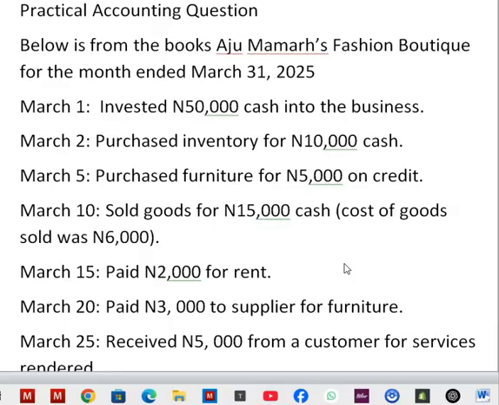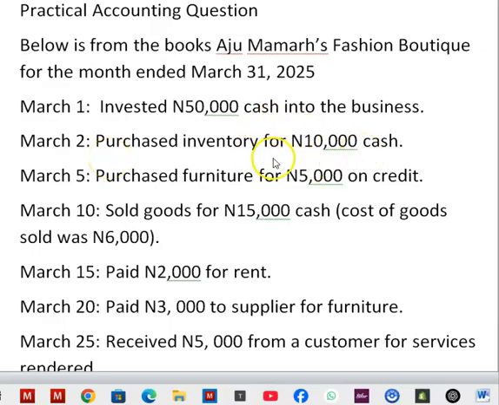So here below is from the books of Ajumama's Fashion Boutique for the month ended 31st March 2025. First March, invested 50,000 naira cash into the business.